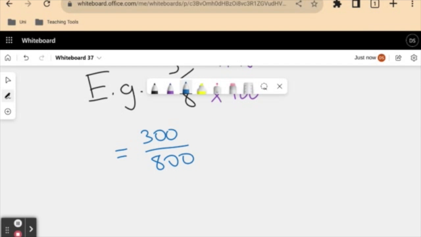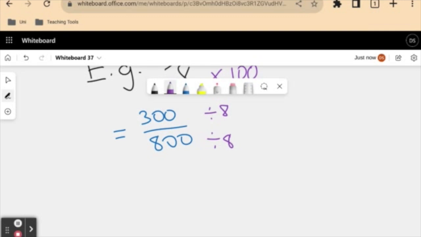Now, from here we can see, well, I can get this denominator to 100 just by dividing by 8, because 8 lots of 100 give us 800. So to get back to 100, we can divide by 8 here. And whatever we do to the denominator, we will have to do to the numerator because we want an equivalent fraction here. So we're going to get 300 divided by 8 on top of 100.